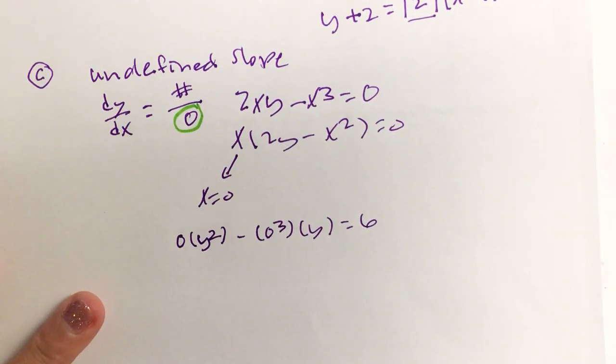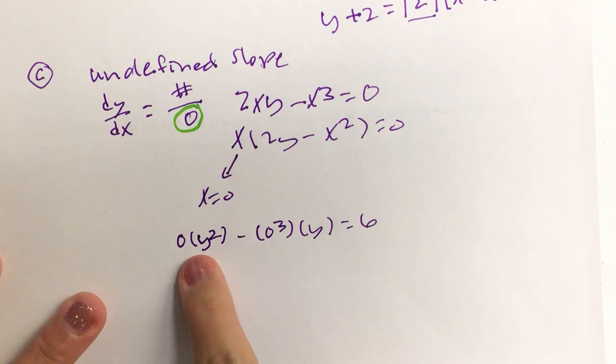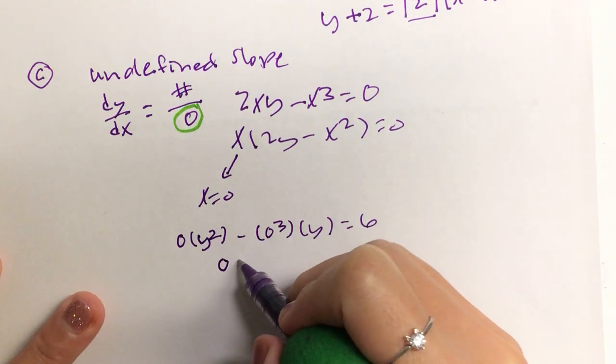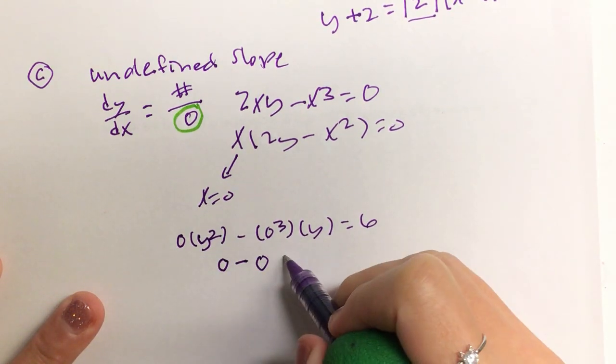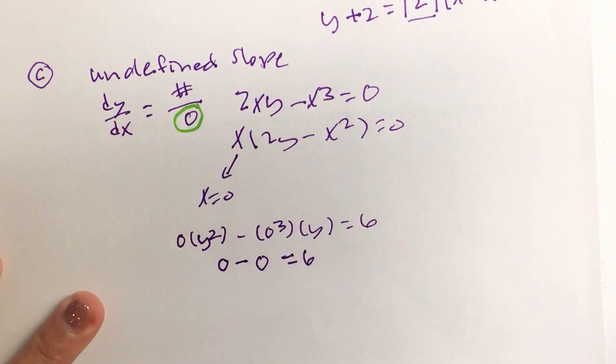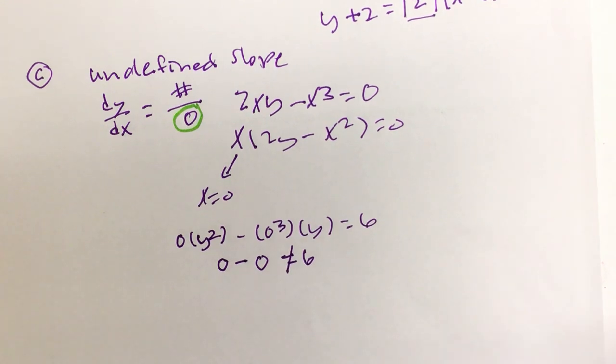Let's see if that statement is true. 0 times anything is 0. Same idea. Is 0 minus 0 ever 6? Never. So this number is irrelevant to us. But you still have to test it to show the AP graders, hey, I know what I did. I tested it. It didn't work out, so we're going to move on to the second portion.